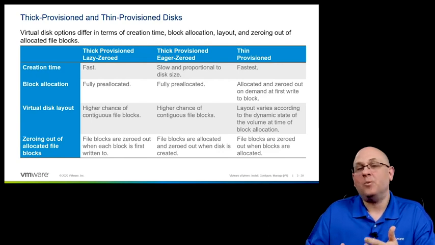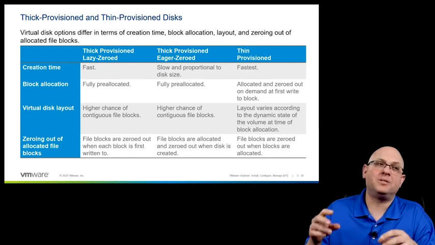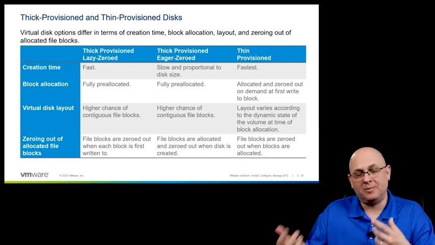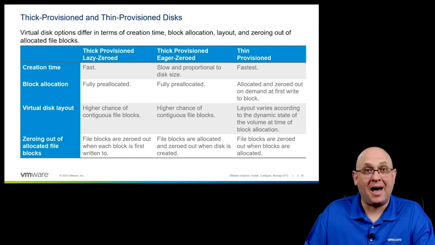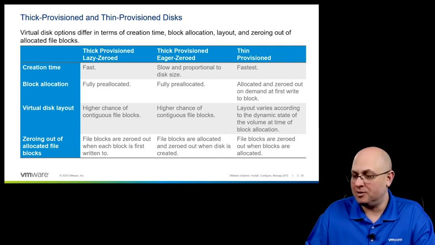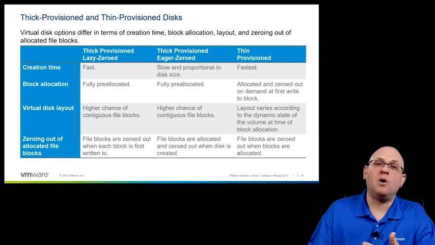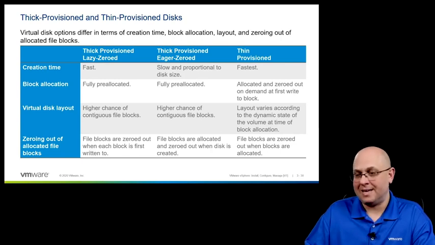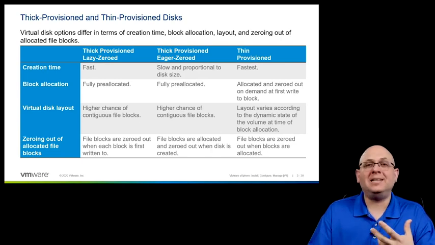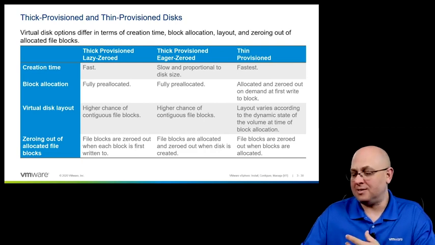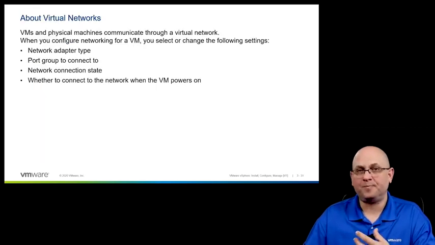Those concepts, especially when it comes to solid state drives, are in the past for us, and we don't have to worry about it as much. Okay. Finally, blocks do need to be zeroed, and they are zeroed on first write. Okay, so that gives you an idea as to thin versus thick provision disks.